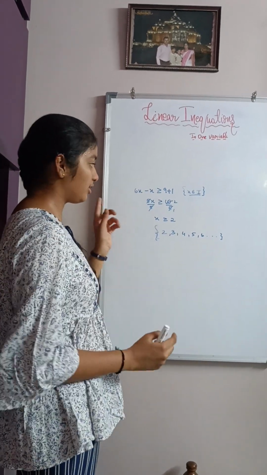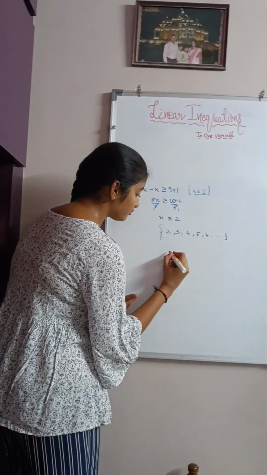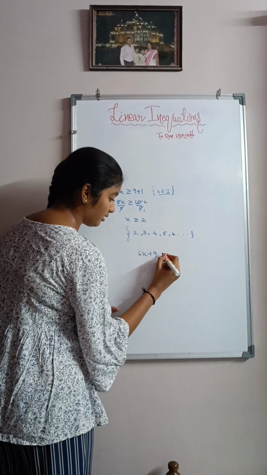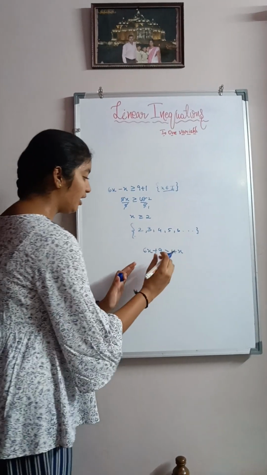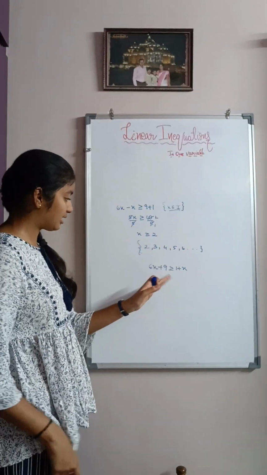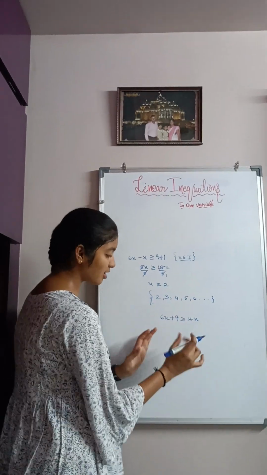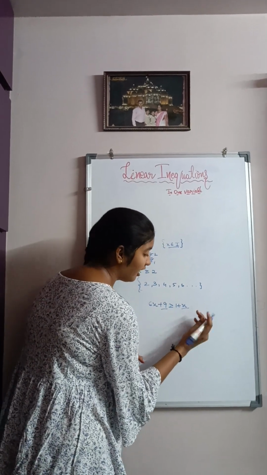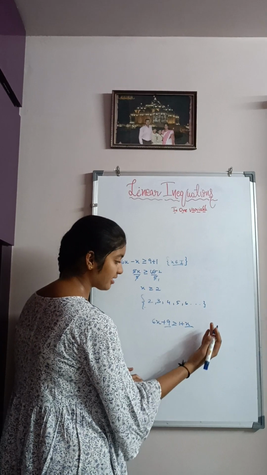And there are some rules for the equation to be solved. If we take some examples like 6x plus 9 is greater than or equal to 1 plus x. Here there are some unlike terms, so in this equation the number that should be eliminated is 9 and it should be put to the right side.